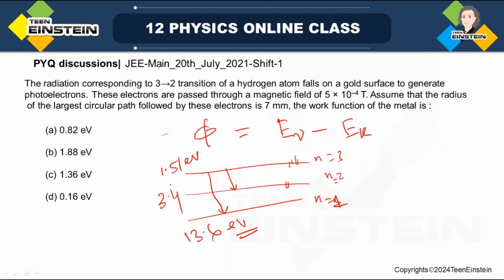Now I have to find out 3 to 2 transition. 3 to 2 transition, energy will be how much? 3 to 2 transition, that means this to this.